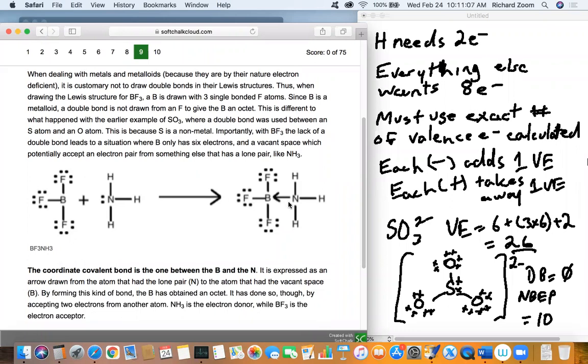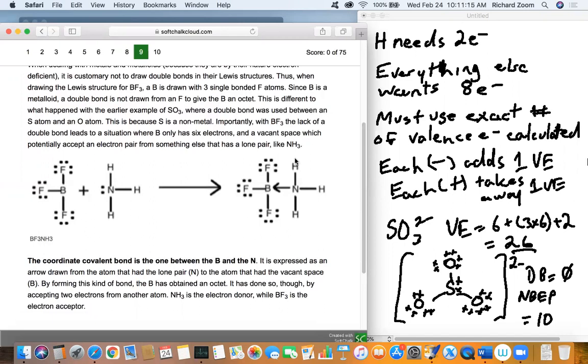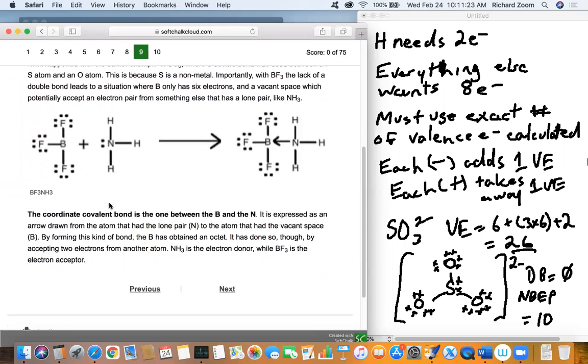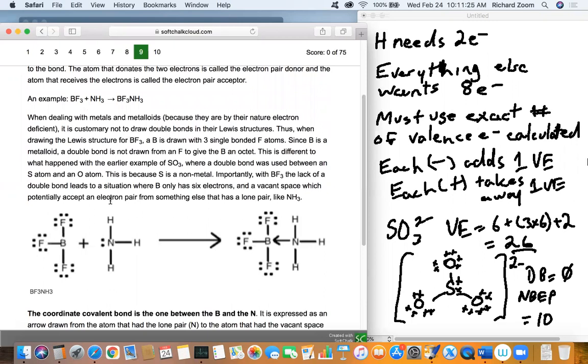That bond is generally shown as an arrow from the thing that's donating the electrons to the thing that's accepting the electrons. And that's actually a true bond, a true compound that will form. So that's called a coordinate covalent bond or a dative covalent bond. Does anybody have any questions about that?